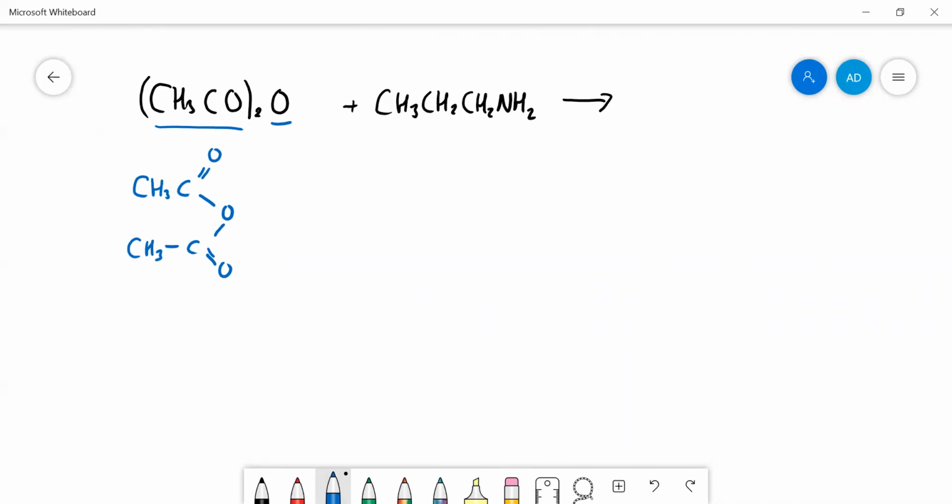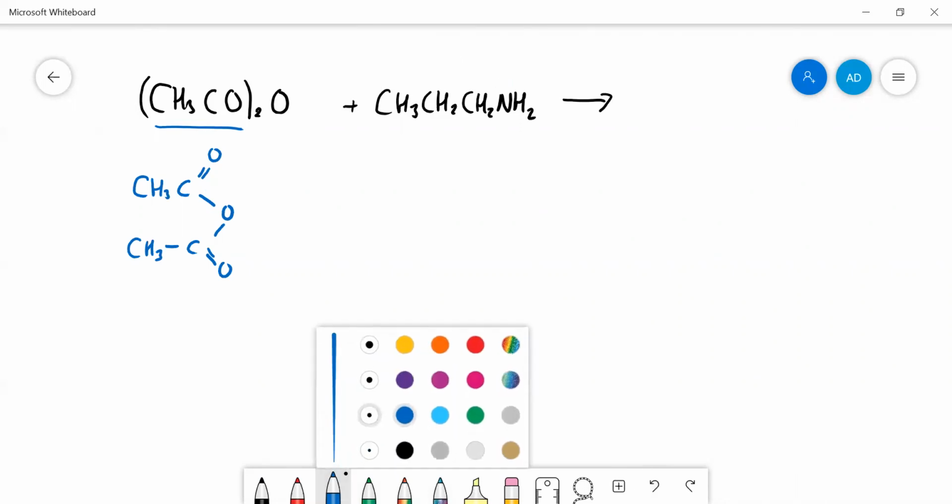Okay, so that's what we've got there, and we're going to react that with the amine. Now, which bit of the amine is going to react? Well, it's the lone pair on that nitrogen is going to attack this carbon here, isn't it? So let's turn the amine round, propylamine, so that it's the right way round.